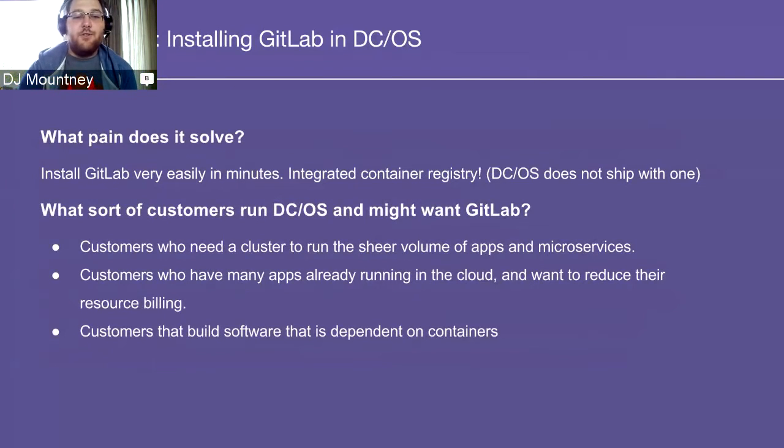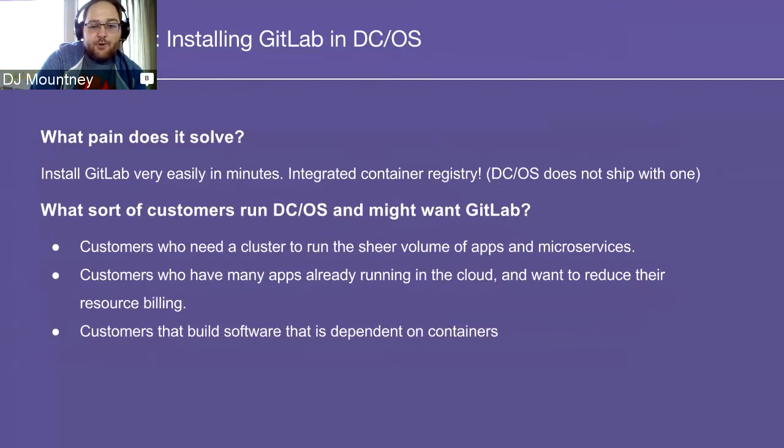Another example would be a university where each student wants to be able to deploy their app and work on it. Universities have been moving to systems like DCOS and OpenShift Origin.